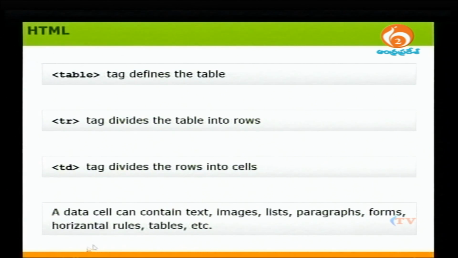Data in a cell can be text, image, list, paragraph, form, horizontal rules, tables, etc. You can put anything you want in the td, the table data.